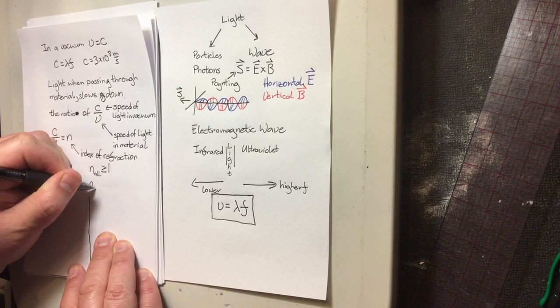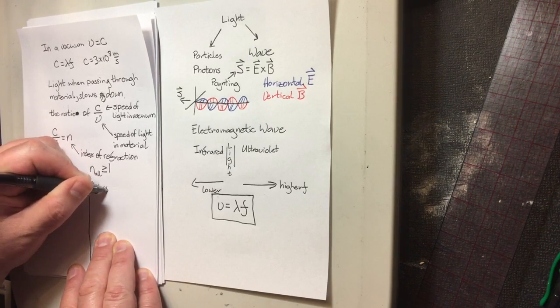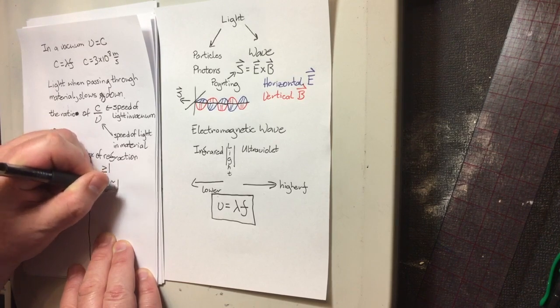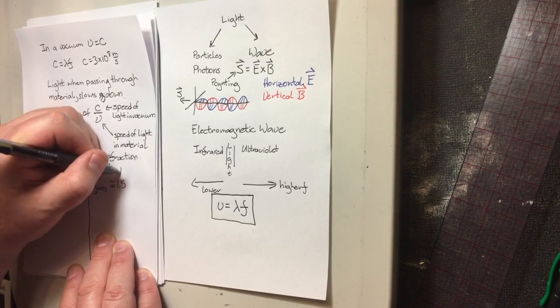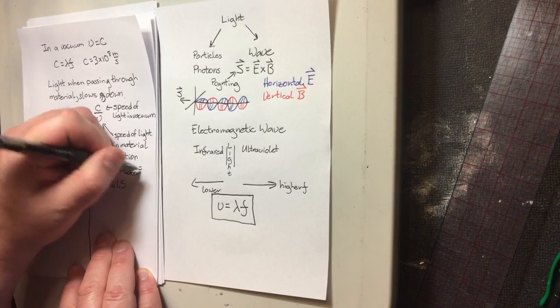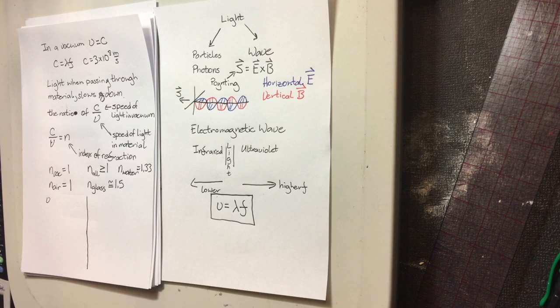And typically for glass, it's about equal to 1.5. N of water, 1.33. For these types of materials, the bottom line is, well, what are we going to be tested on?